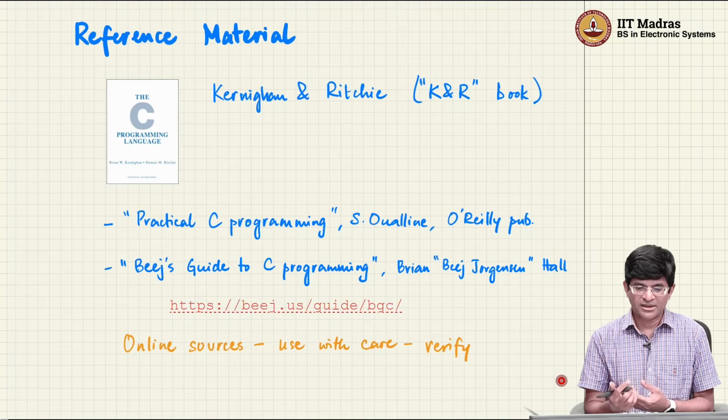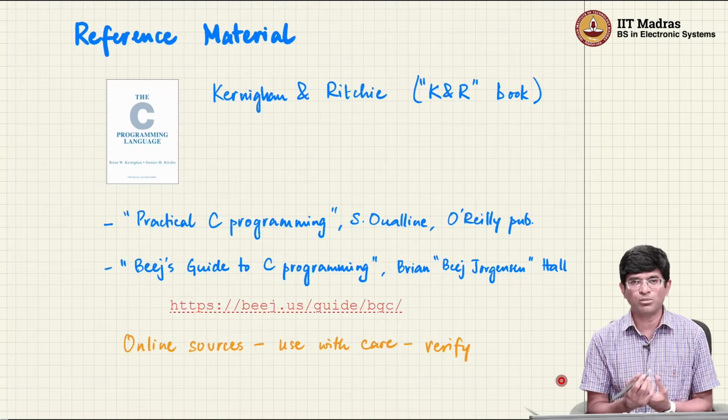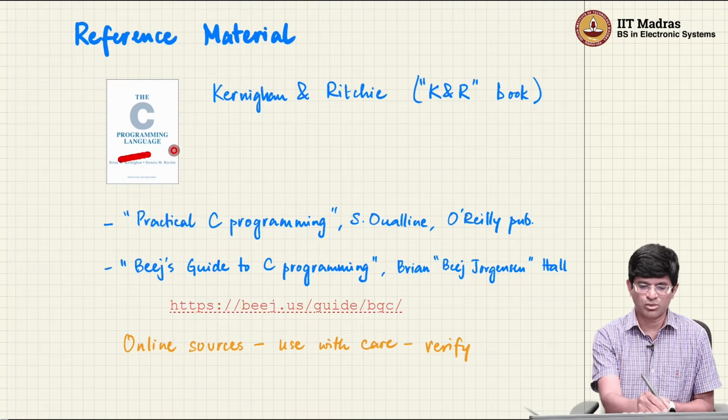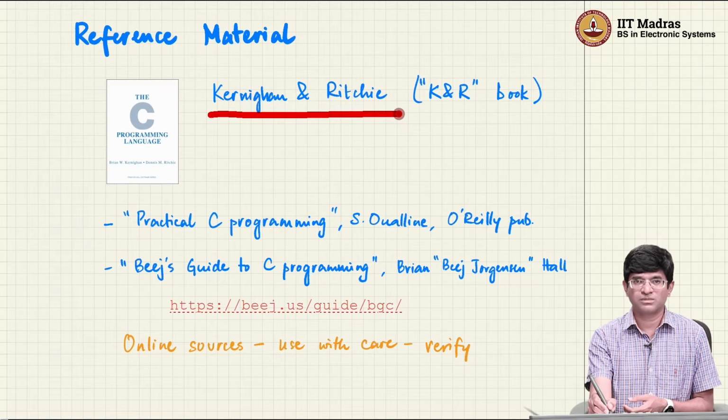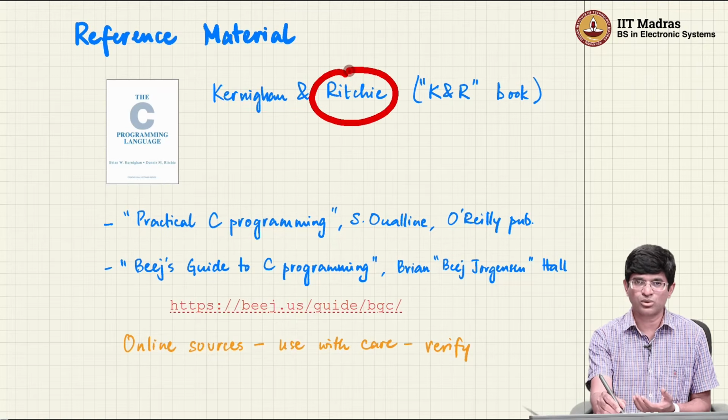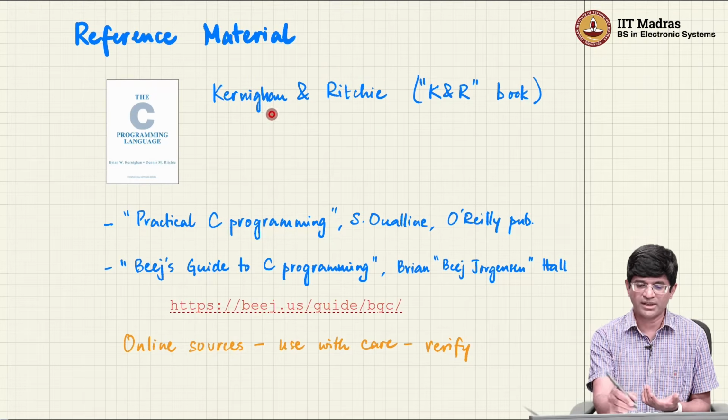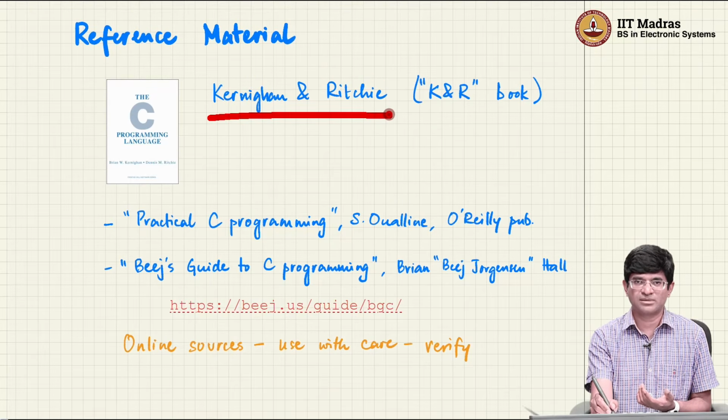Now, having said that, in some sense the most fundamental book related to C programming is called The C Programming Language, and it's written by two people from Bell Labs. One of them is Ritchie, of course, who is the inventor of the language, and the other person is Brian Kernighan.